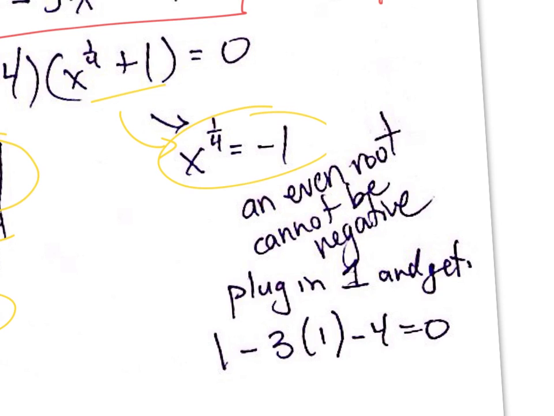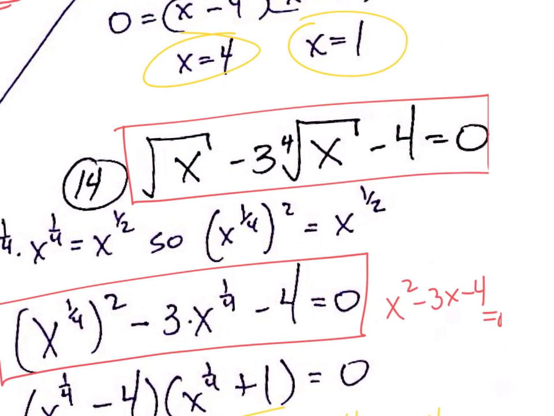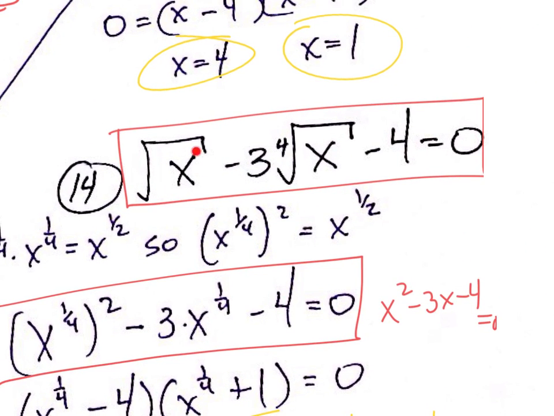If you were to just raise this to the 4th and raise this to the 4th, you'd end up with x equals 1. But if we check that in the original equation, we would get 1 minus 3 minus 4 equals 0, which actually doesn't work. So in general, when you have square roots in an equation and you end up squaring both sides, or raising both sides to the 4th, you want to check in the original equation. Okay.